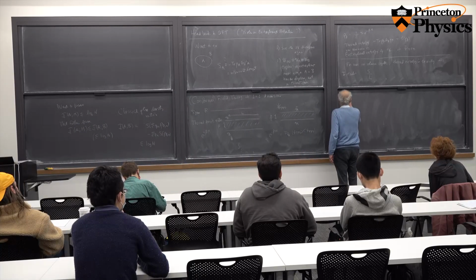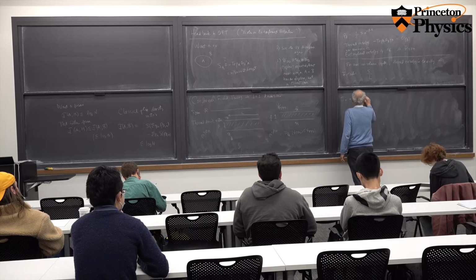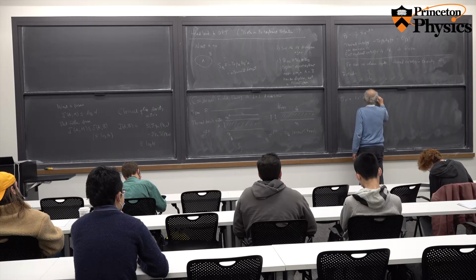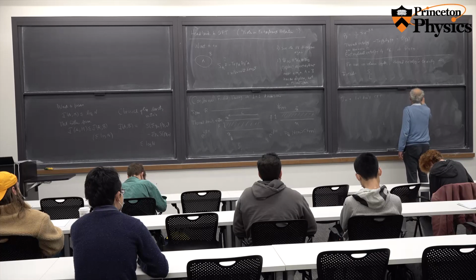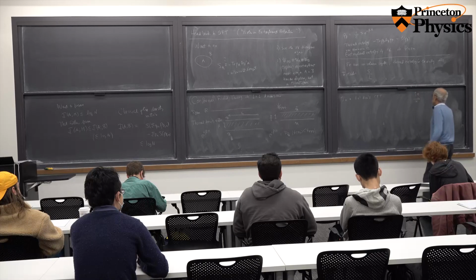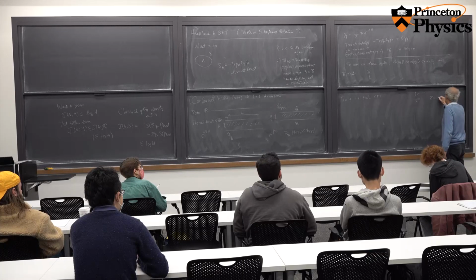So in a 1 plus 1 dimensional CFT, let's say we have space x and imaginary time tau, it's convenient to let z equals x plus i tau.